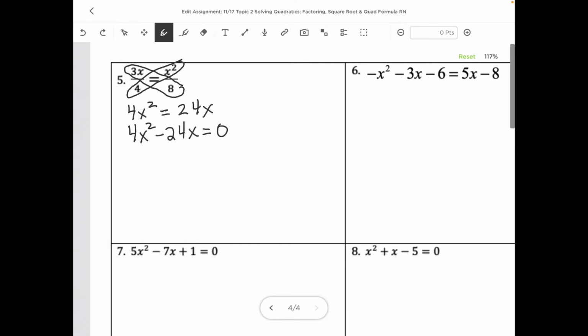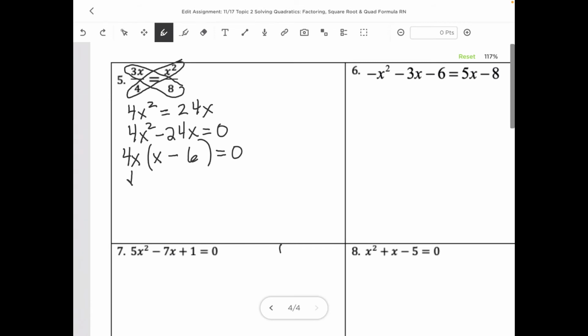So if you go back to the top of that list, we're going to factor by GCF. The GCF is 4x. What's left is x minus 6. So remember, when you factor out the GCF, it's like reverse distributing. So think about 4x squared divided by 4x, leaving me with x. 24x divided by 4x, leaving me with 6.